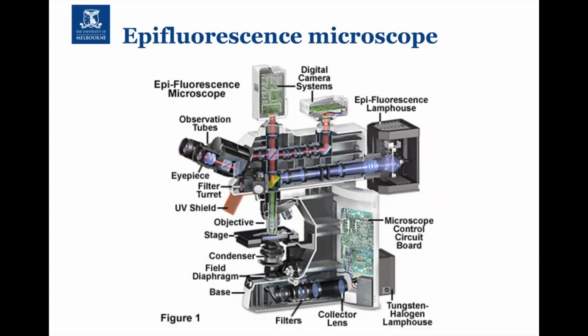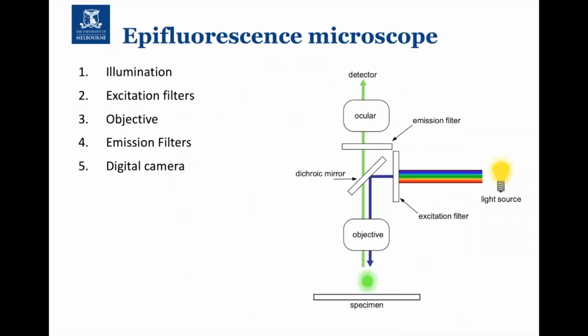I like to condense it down for the sake of this talk into a few key parameters. So that is going to be the light source or the illumination, how we're illuminating our sample. Something called the excitation filter, which is selecting the wavelengths that we want to excite with. We're going to bounce off this thing called the dichroic mirror, go down through the objective to our sample.